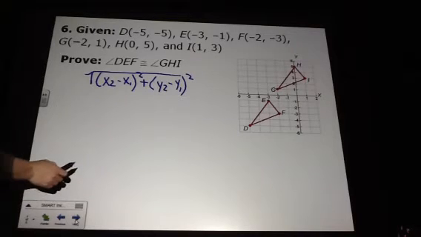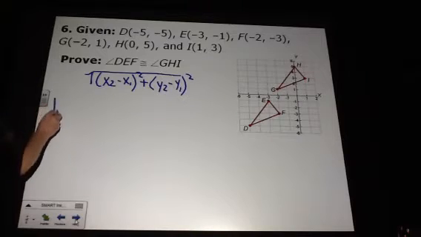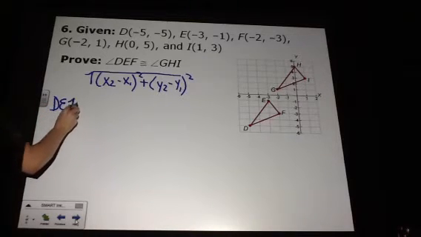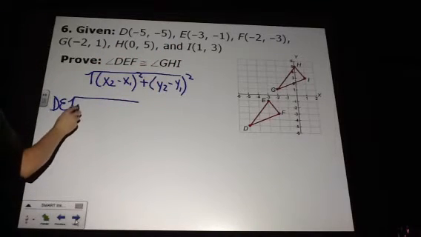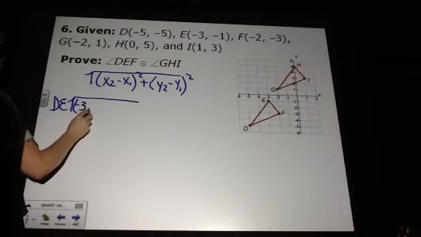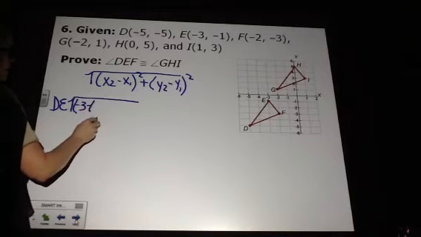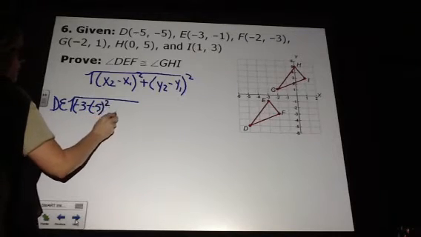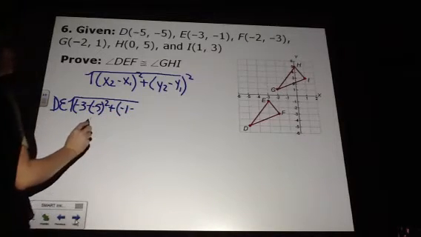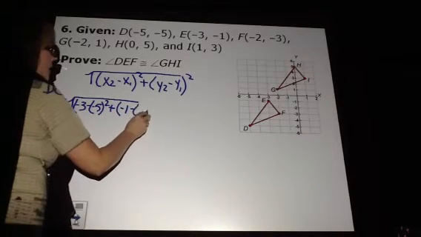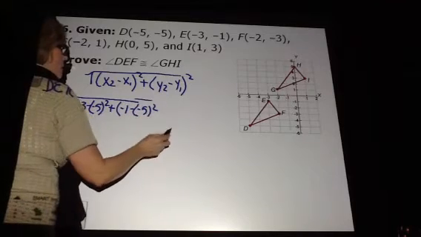Okay, so we have DE and we have GH. All right, DE. So I have -3 minus -5 squared plus -1 minus -5 squared.